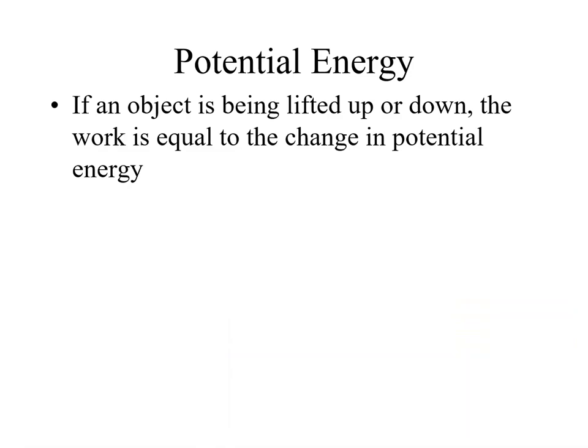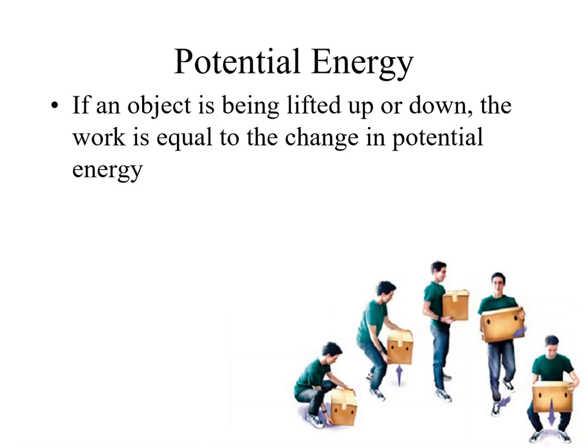And then we have potential energy. I'm going to specifically just talk about gravitational potential energy, but it would apply to springs as well. If an object is being lifted up or put down, the work is equal to the change in potential energy, specifically gravitational potential energy. There's this upward force as the object is moving upwards, and then there's still this upward force as the object is moving downwards.